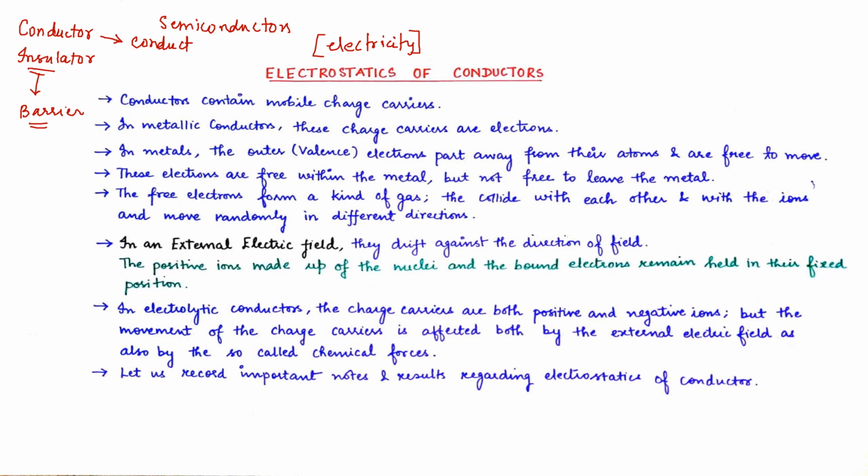So as these charges are mobile, they tend to move from here to there, and when they are moving from one point to another, they carry electricity as one of their features, or the heat.